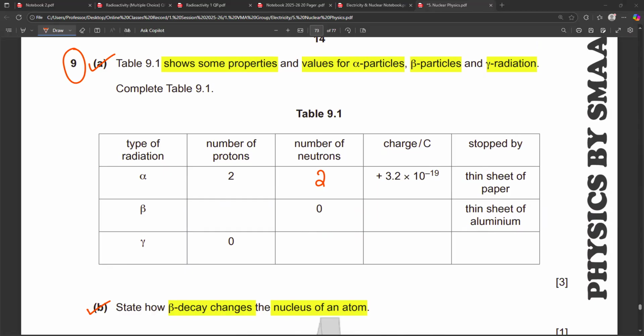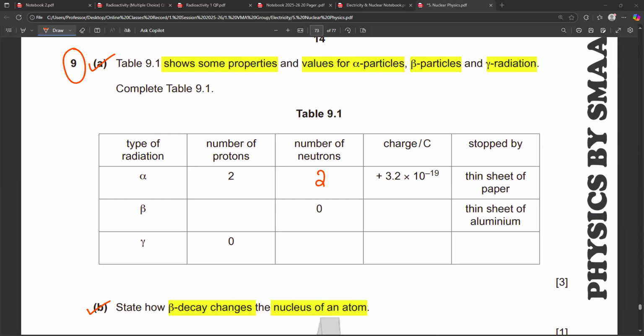Next, if we talk about beta, how many protons are there in beta? You know how to write the symbol for beta. So with the help of that symbol, you can identify how many protons are there.